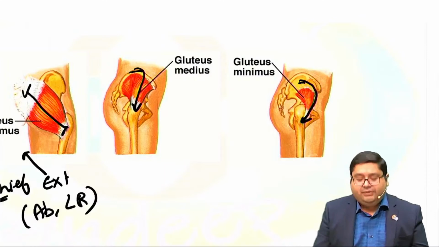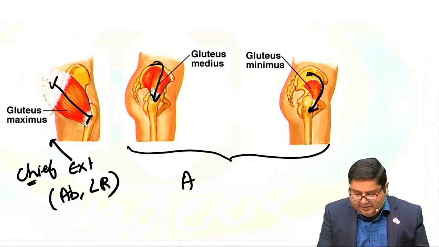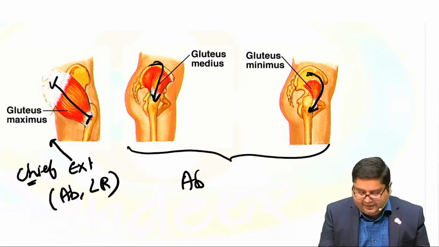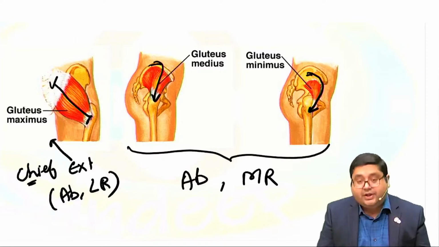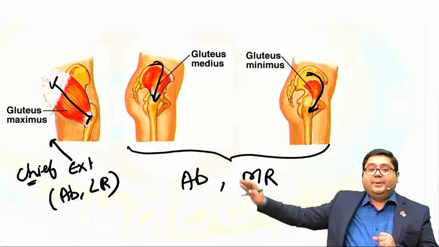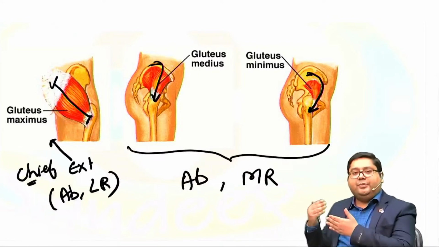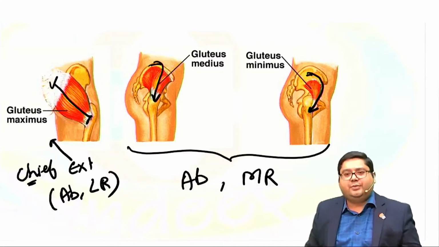So here we can say that these muscles are doing powerful abduction, and they are doing medial rotation also. So in this concept we have learned two things, because sometimes they give a marked area on the bone. If they mark on the posterior aspect of the femur, how will you identify it is the posterior femur?